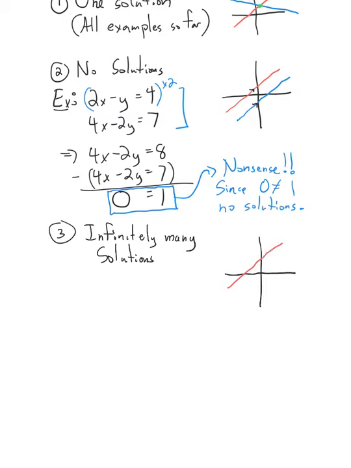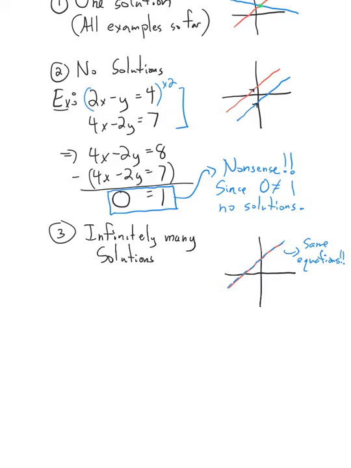But it turns out that the second equation, the second line, is just the first line, just in a different form, so that they're the same equation. And let me show you what that looks like.